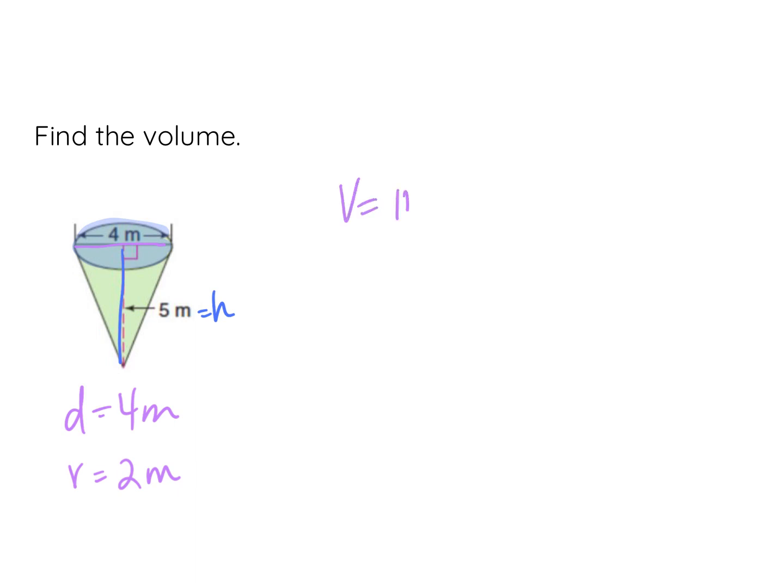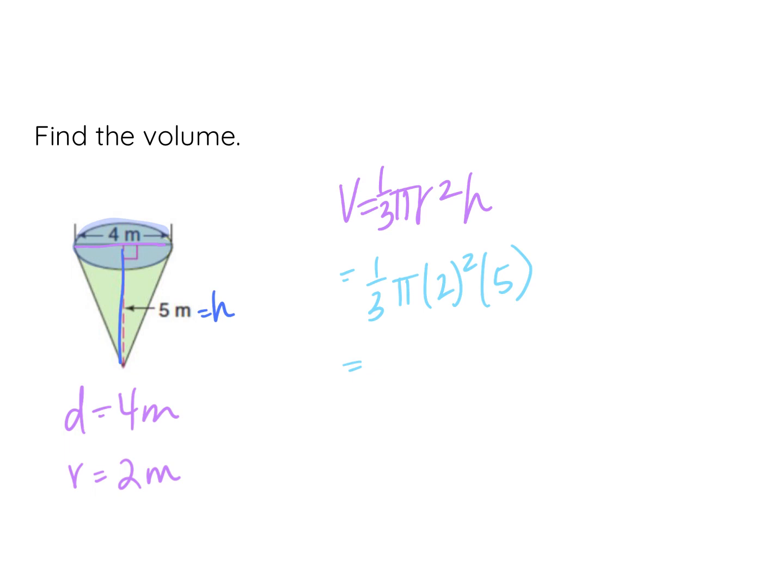So volume is pi r squared h, and for a cone, we need to make sure we put in that 1/3. For a cylinder, it was just pi r squared h. With the cone, we need the 1/3. So 1/3 pi times 2 squared times the height, which is 5. 2 squared is 4 times 5 is 20.